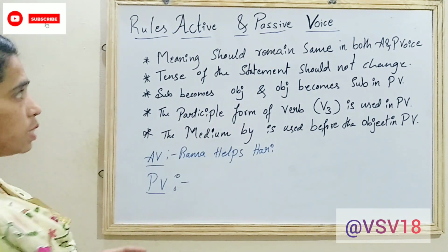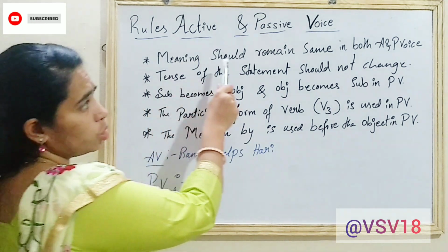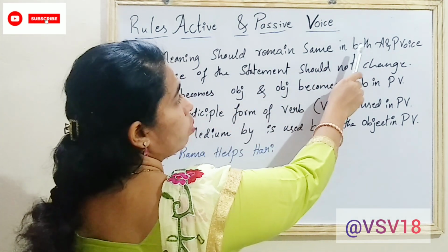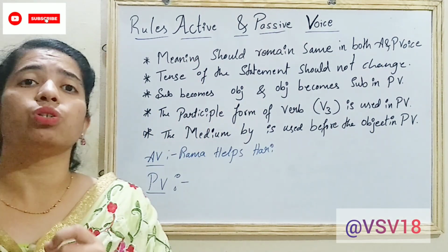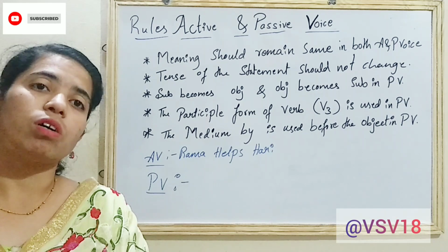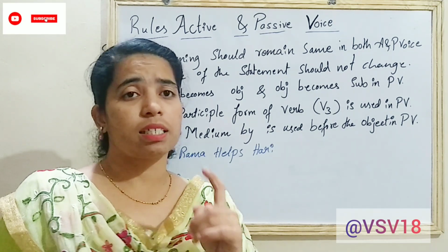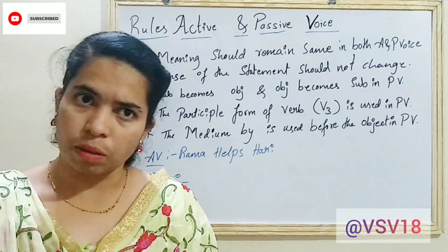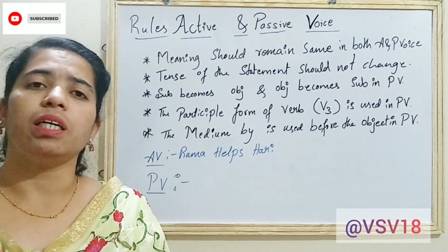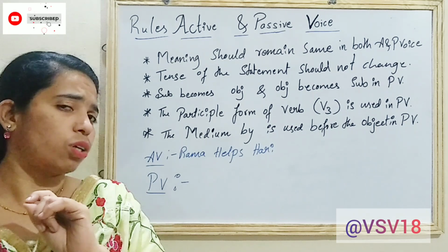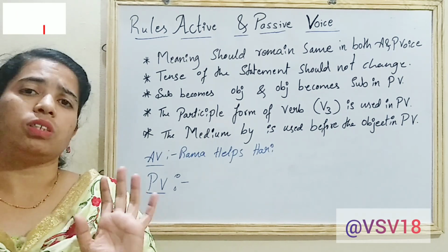So the first rule is that the meaning should remain the same in both active and passive voice. The statement's meaning should not change at any cost or condition. It is our first rule. Either you write it in active or in passive, the statement's meaning should remain the same. It should not change at any cost.